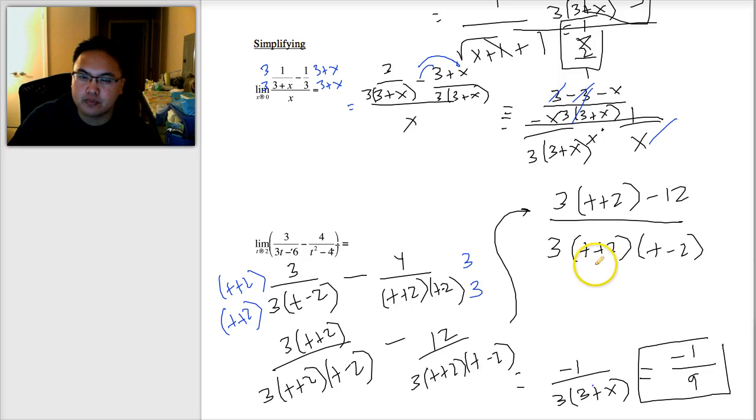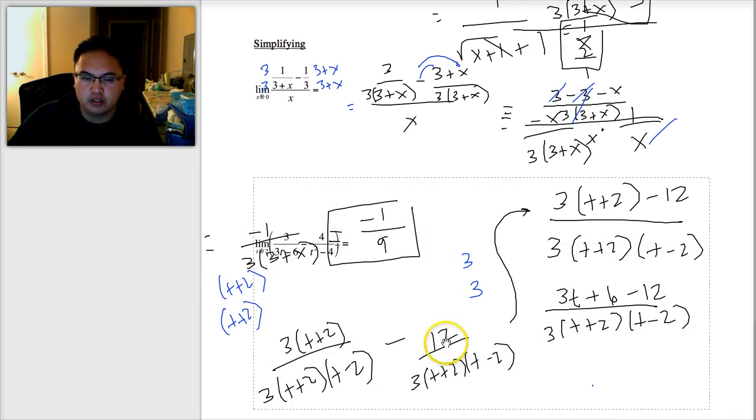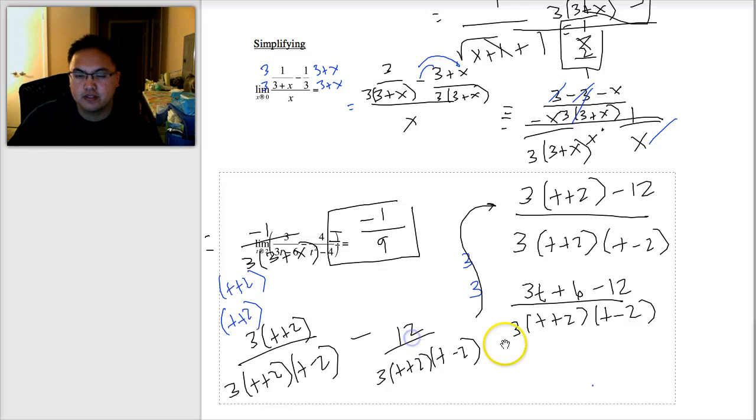So what I'm going to do is let's multiply this out right here. This looks like it's sort of a little messy. Let's multiply it out now. I'm going to get 3t plus 6 minus 12. And let me just move this over so I get some more space.